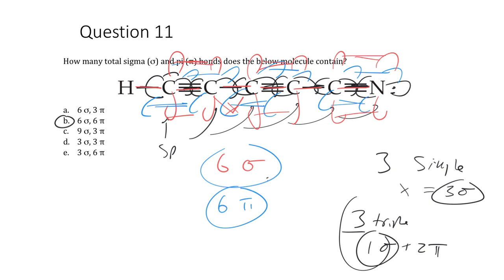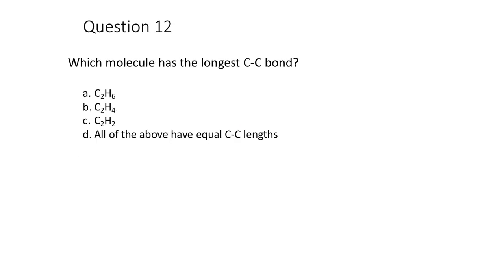Oh, it's here. I was thinking there wasn't a choice, and it was right in front of me the whole time. Okay, our last question for this packet comes back to a question of bond length. C2H6, that's ethane, looks like this.